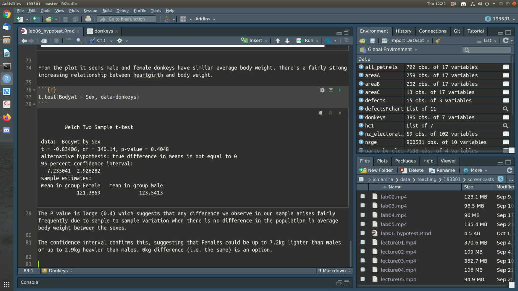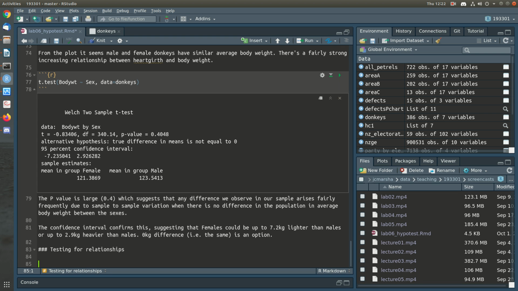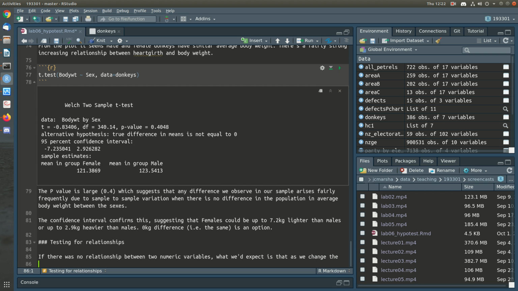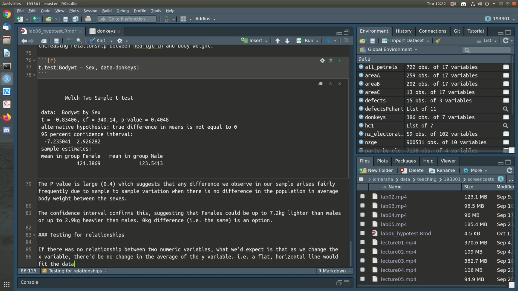So okay, if there was no relationship between two numeric variables, what we'd expect is that as we change the x variable, there'd be no change in the average of the y variable, i.e. a flat horizontal line would fit the data on a scatter plot.